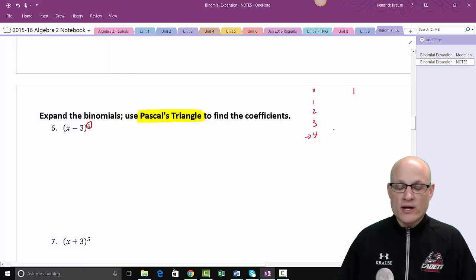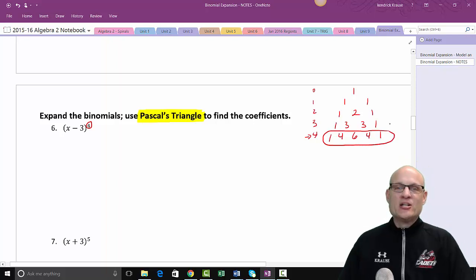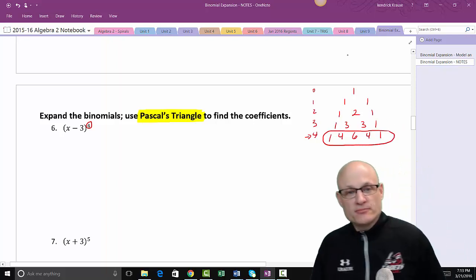This is going to be the row I need. Now I can go back to the other page and look, but I want to get it now. Again, 1; 1, 1; 1, 2, 1; 1, 3, 3, 1; and 1, 4, 6, 4, 1. So these are the coefficients that I need for my polynomial.